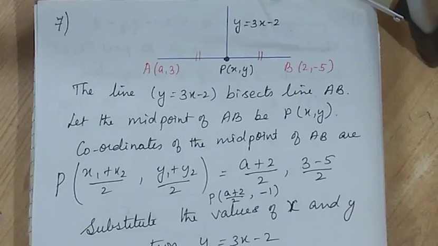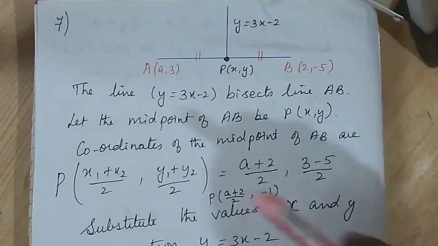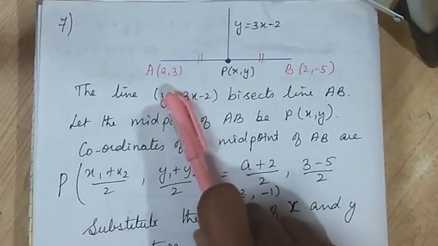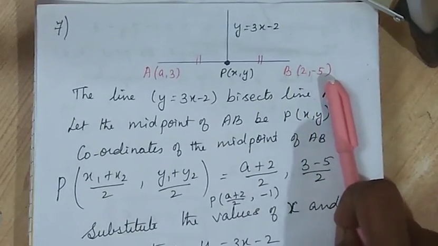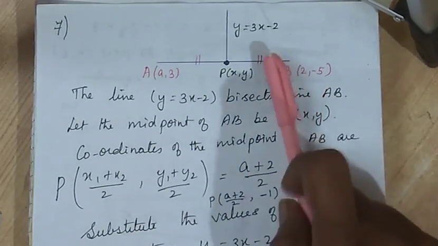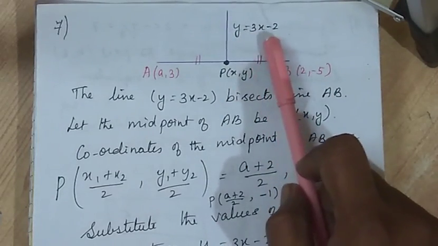See the seventh one. The line y is equal to 3x minus 2 bisects the join of A(3, 2) and B(2, minus 5). Find the value of a. So, here the coordinates of A and B are given, A(a, 3) and B(2, minus 5), and this line segment is bisected by y is equal to 3x minus 2.